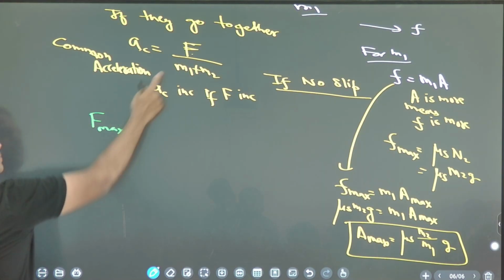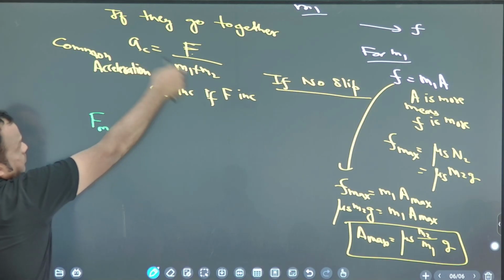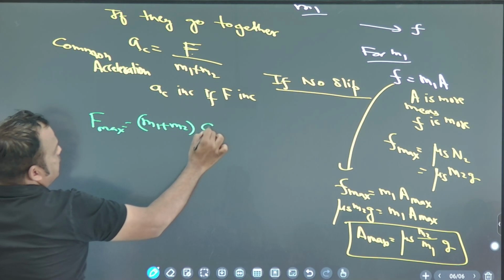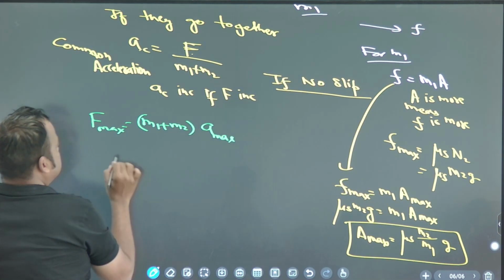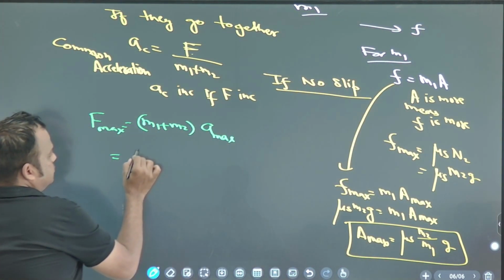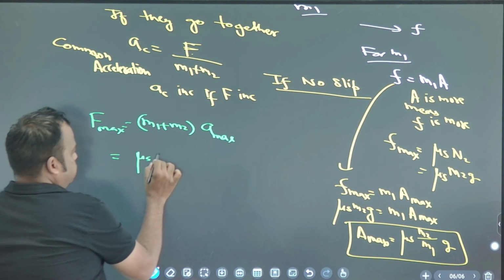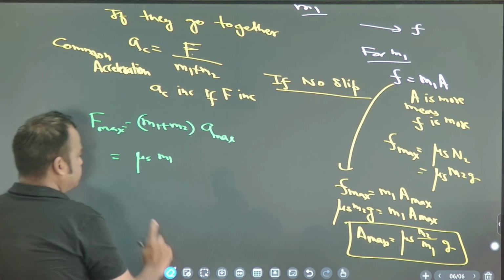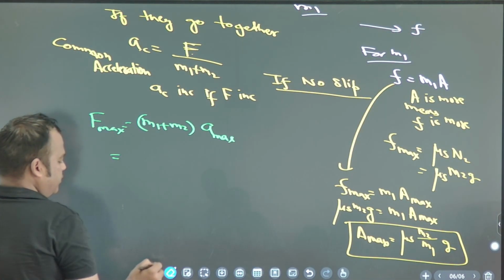Capital F max is equal to M1 plus M2 into A max, and A max is mu s M2 by M1 into G. Okay, note down.